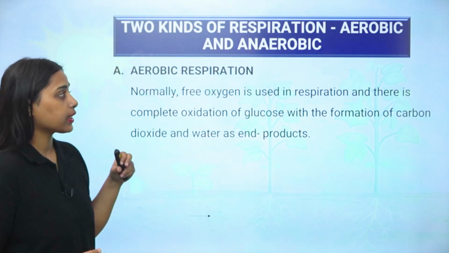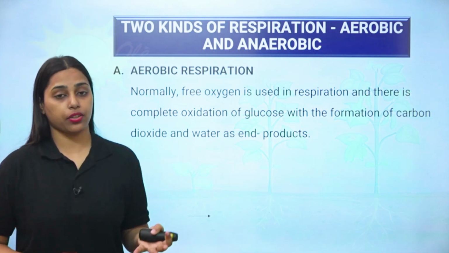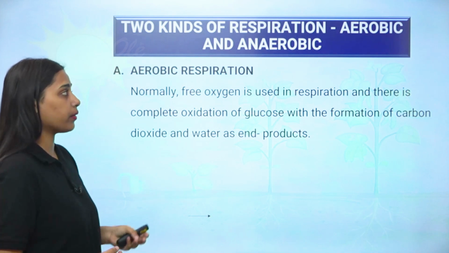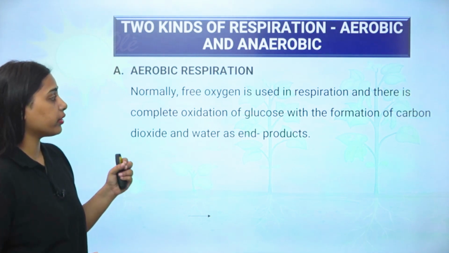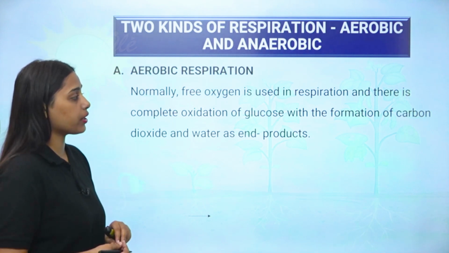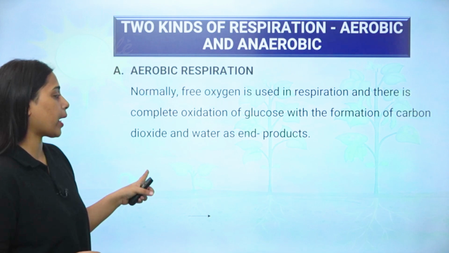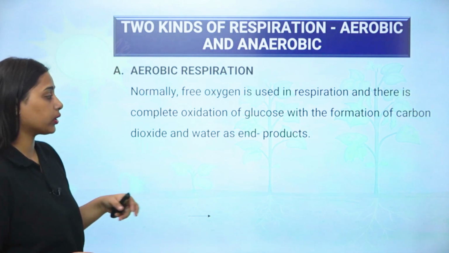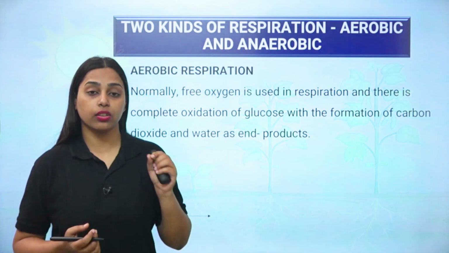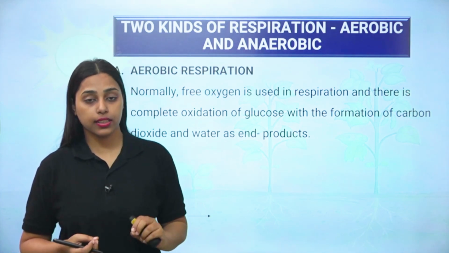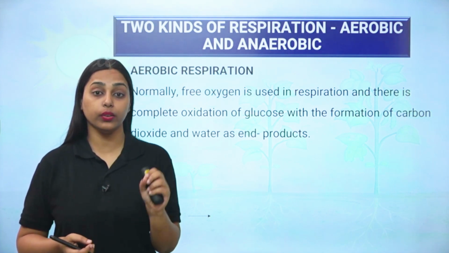Now, after discussing how energy is generated through respiration, let us look at the types of respiration, that is aerobic and anaerobic. In aerobic respiration, free oxygen is normally used, and there is complete oxidation of glucose with the formation of carbon dioxide and water as end products. Aerobic respiration signifies the presence of oxygen for the degradation of the compound, that is carbohydrate glucose.